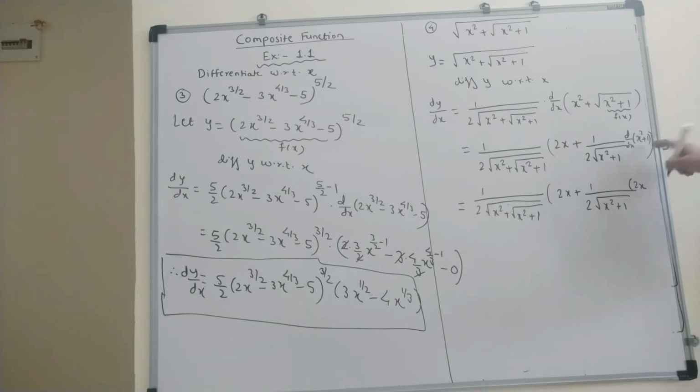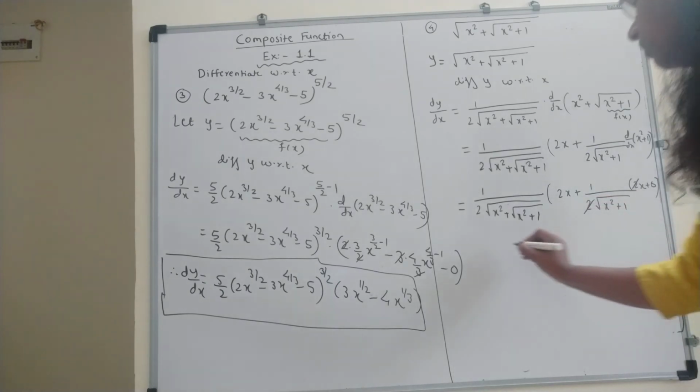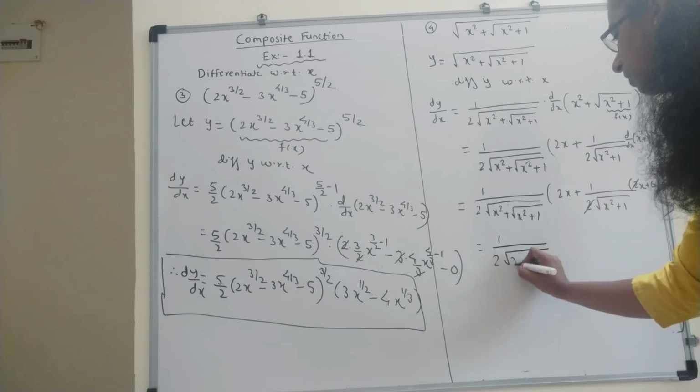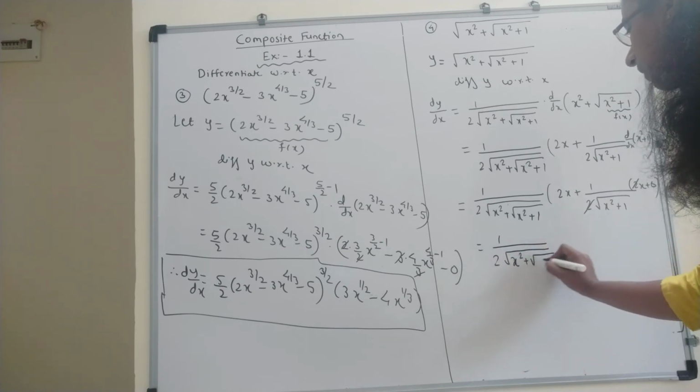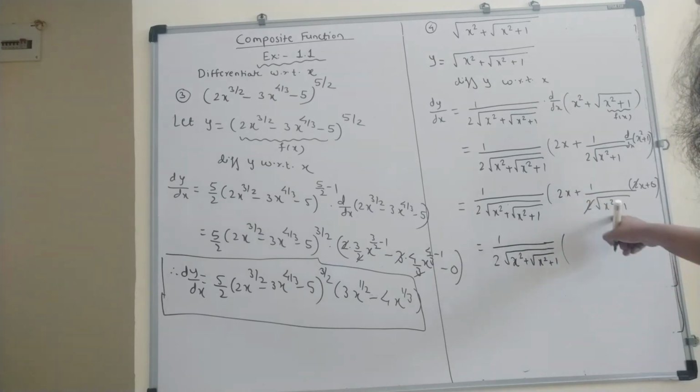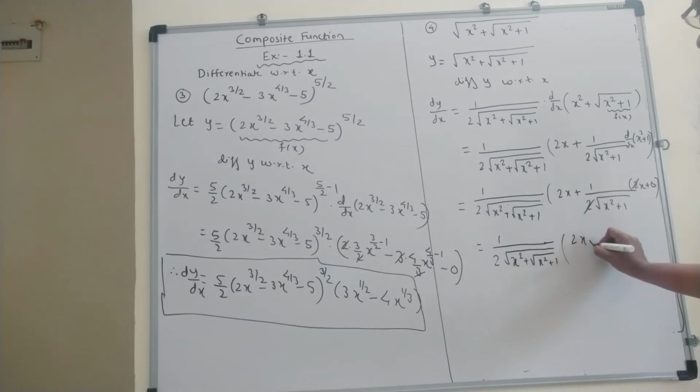Derivative of x square is 2x. 1 is a constant, derivative value is 0. Now this 2 and this 2 will be cancelled here. Now inside the bracket this term as it is, and inside the bracket you find out the LCM. So this is 2x into this root form plus 1 into x, it is x.